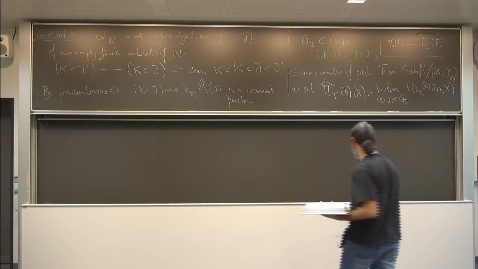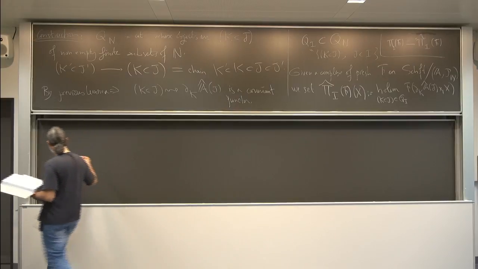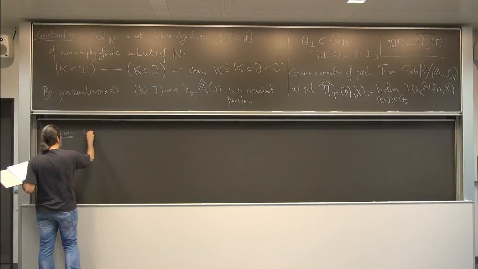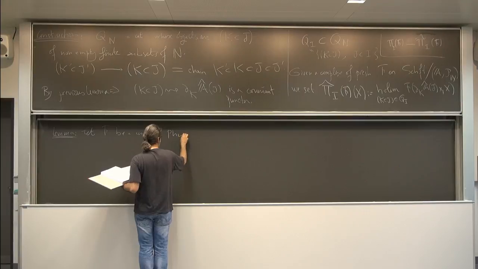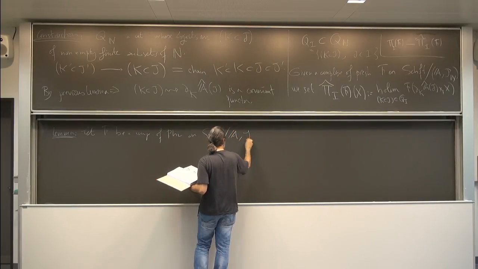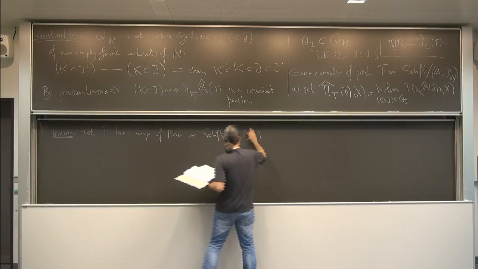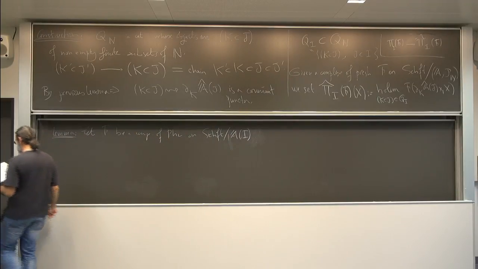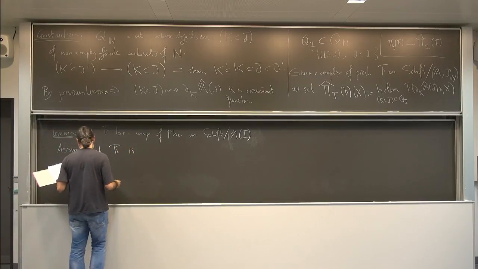Okay, so I have the following fact here: let F again be a complex of presheaves on finite type schemes. Assume that F is H fibrant.